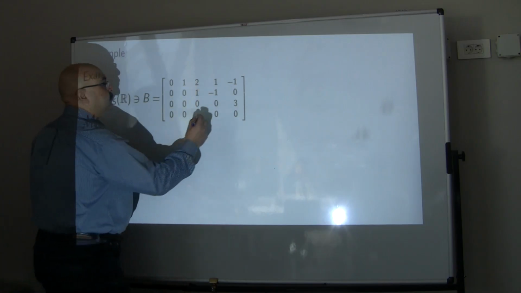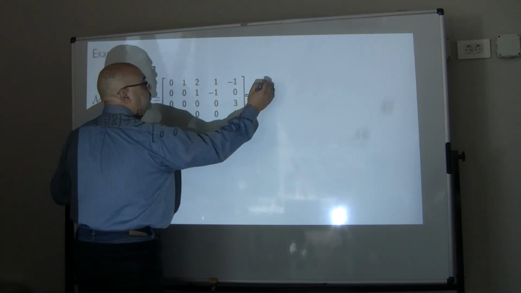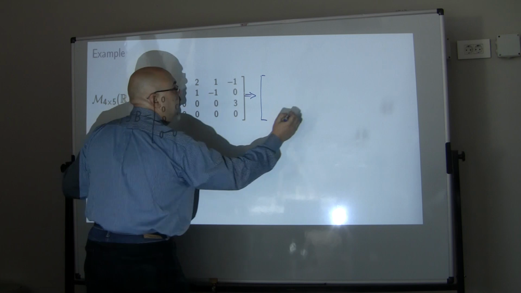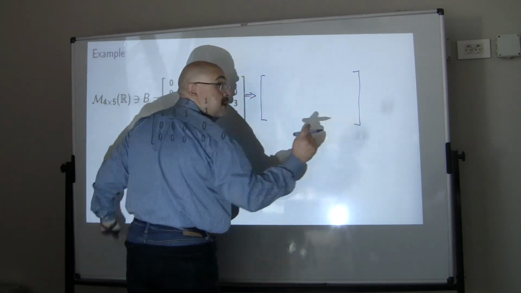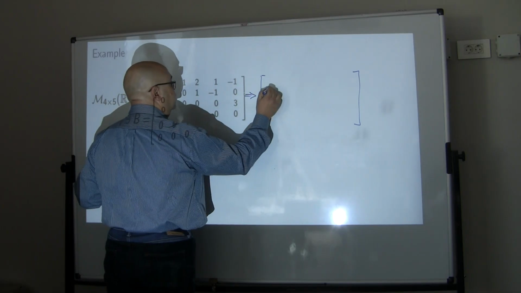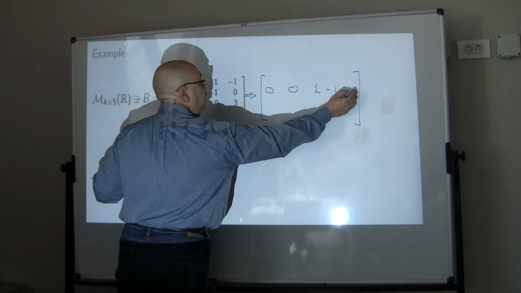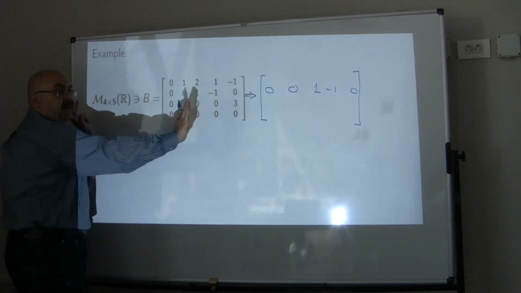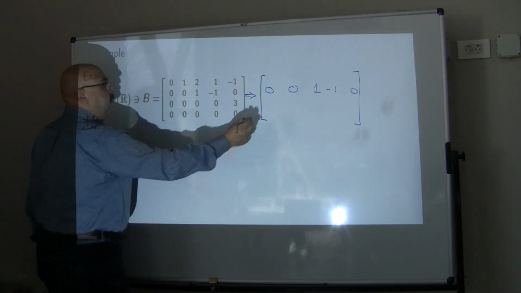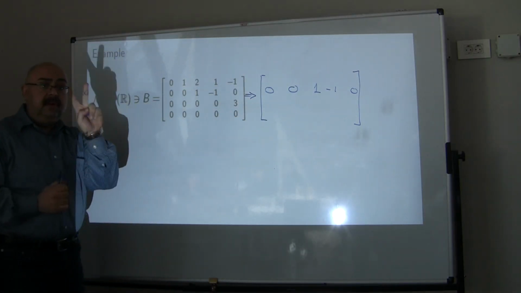Okay, once more. The row that I want to change is the first one, and I'm going to write the second row first, which is 0, 0, 1, -1, and 0. Okay, perfect. I need this number to be 0, but instead of 0 I have 2.